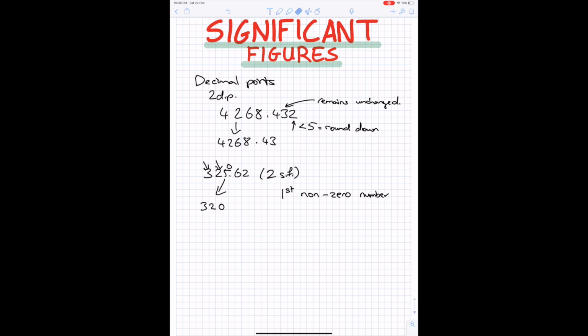So 325.62 to 2 significant figures would equal 320.